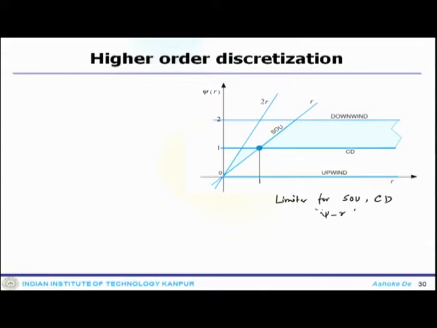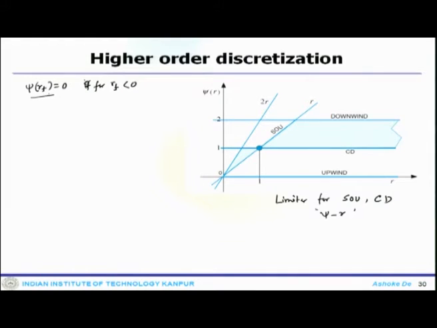So one can see from this diagram that if Rf is less than 0, psi Rf is 0, and the second order accuracy is actually lost at extrema of the solution.